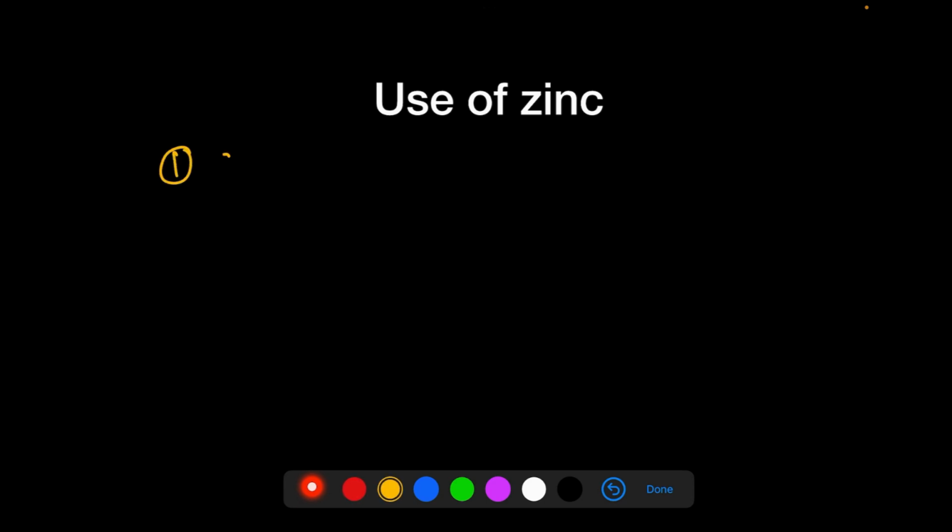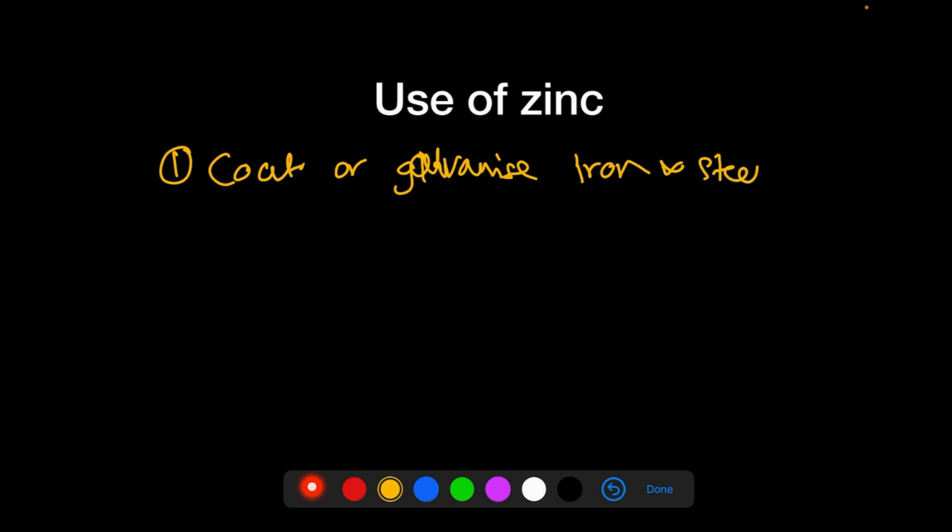So firstly, it is used to coat or galvanize iron and steel, because it prevents rusting through sacrificial protection and also by keeping air and moisture out. And then it is used for torch batteries, because it gives a current when connected to carbon electrode in a paste of electrolyte.